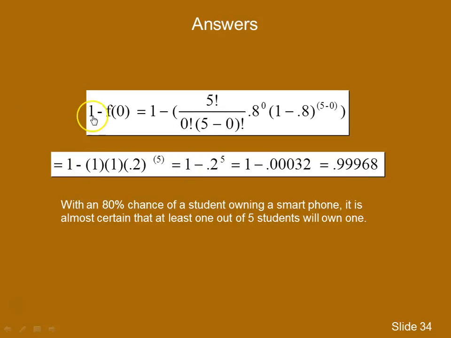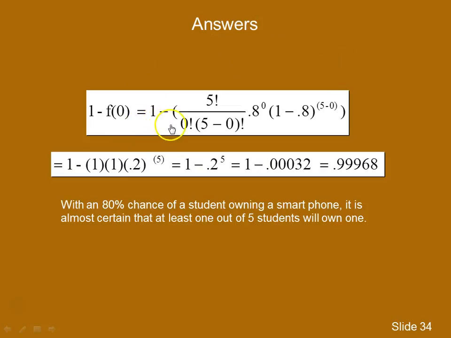So I can simply calculate 1 minus f of 0. Here's how we do f of 0 with the binomial formula. Again, the combination formula is going to drop out. It's just going to equal 1. There's only one way of getting no successes in 5 trials. 0.8 to the 0 will drop out. That's equal to the number 1. And you're left with 0.2 to the 5th.